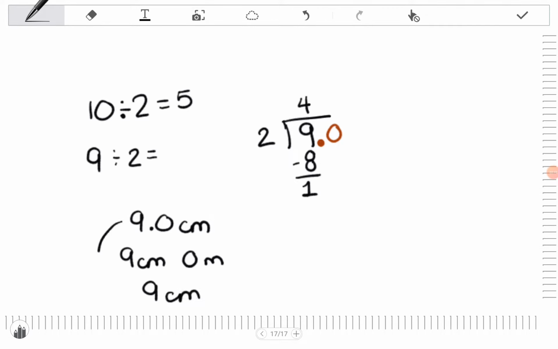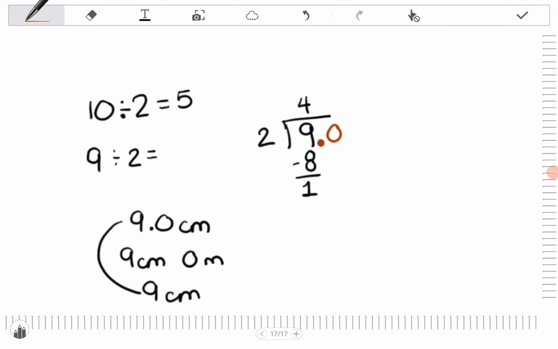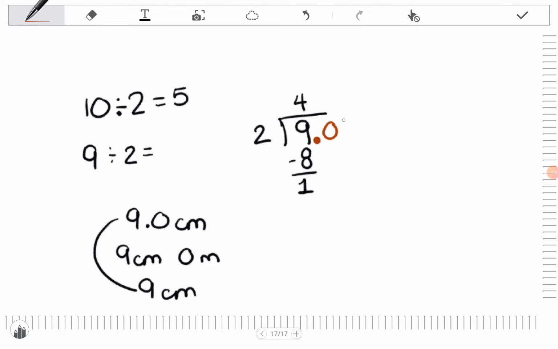So as you see, 9.0 is the same as 9. That means that you can add as many zeros as you want after the decimal point, and it's never going to change the value of number 9, or the number that you have.